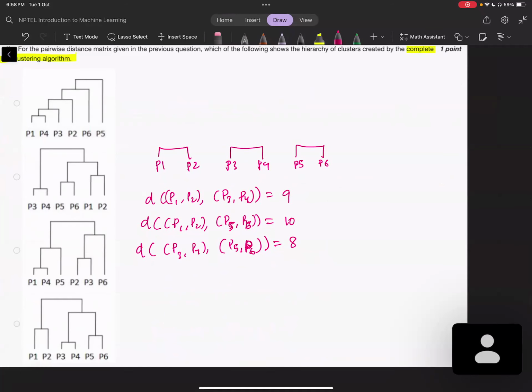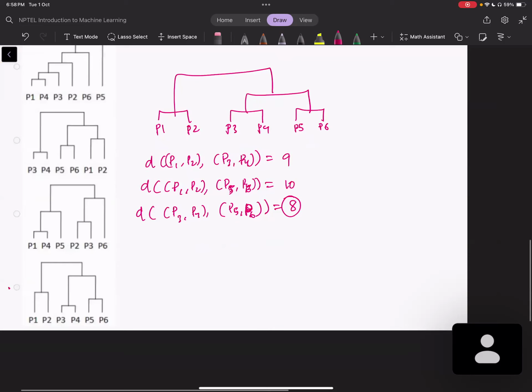Since we are minimizing the maximum distance, this should be the clusters 3, 4, and 5, 6, and finally these two clusters get connected.